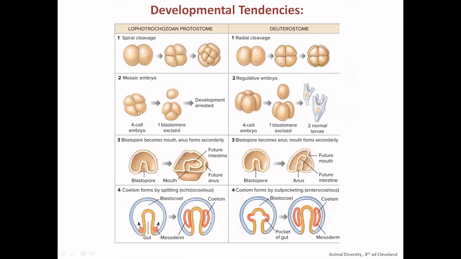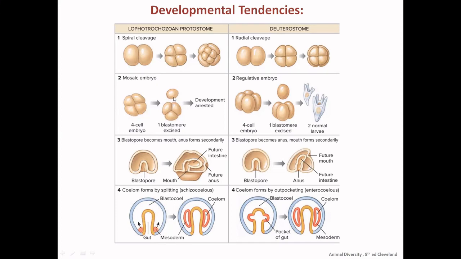Next one is the mosaic embryo. What is the meaning of the mosaic embryo? Take a 4-cell stage. If all the cells are present, then it will develop into a complete embryo.